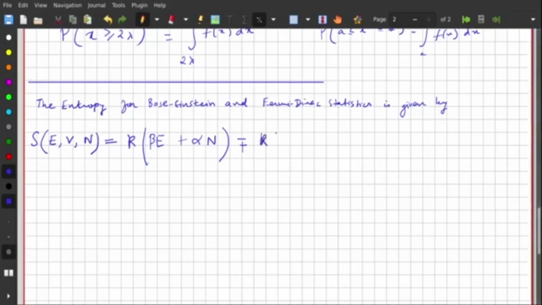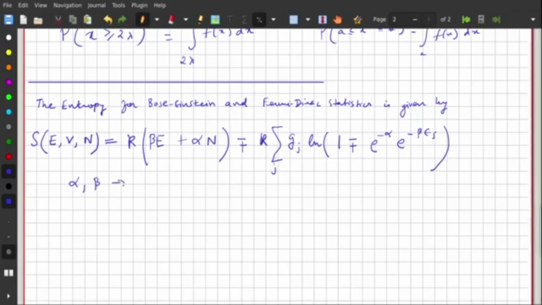Let me write it like this: K sum over j of Gj log of 1 minus plus e to the power minus alpha e to the power minus beta epsilon j, where alpha and beta are the Lagrange multipliers.